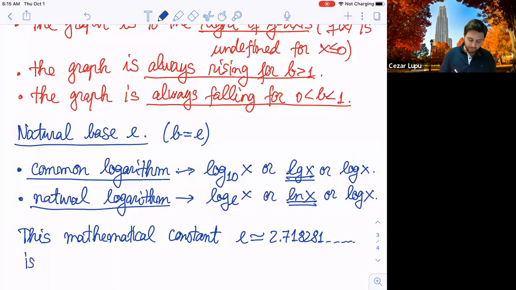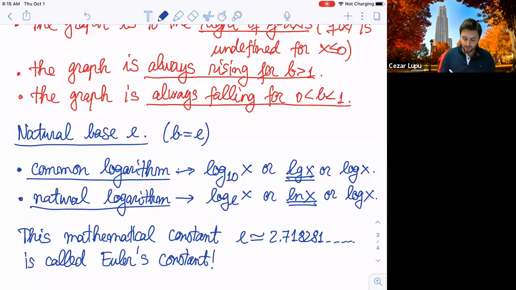Sometimes people call it Napier's constant, but anyway, let's call it Euler's constant. So this guy Euler is a very famous mathematician, one of the mathematical gods. He laid the foundation of many, many things in mathematics.